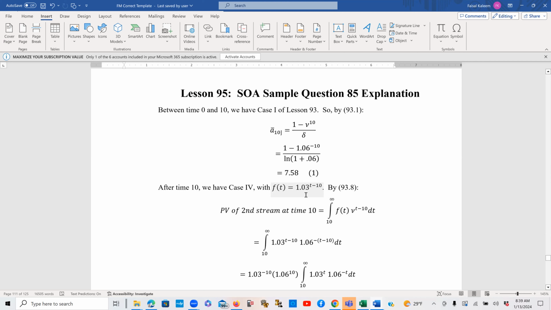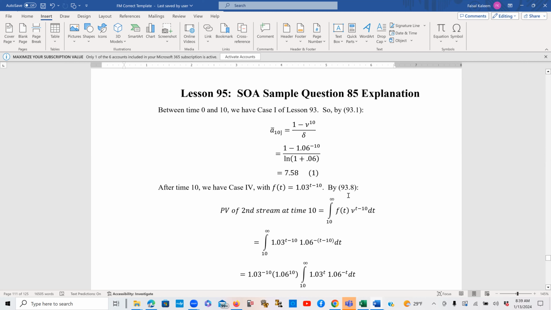minus 10. And so by 93.8, which deals with case 4, we have the present value of the second stream at time 10 would be from 10 to infinity, because these payments start at time 10 and they go forever. So the integral from 10 to infinity of the payment rate times nu power t minus 10, that we get from equation 93.8.